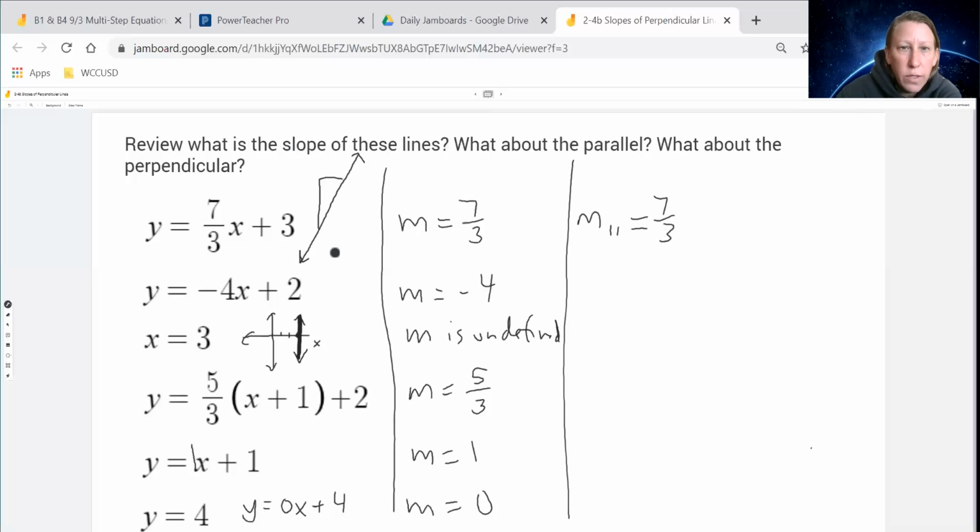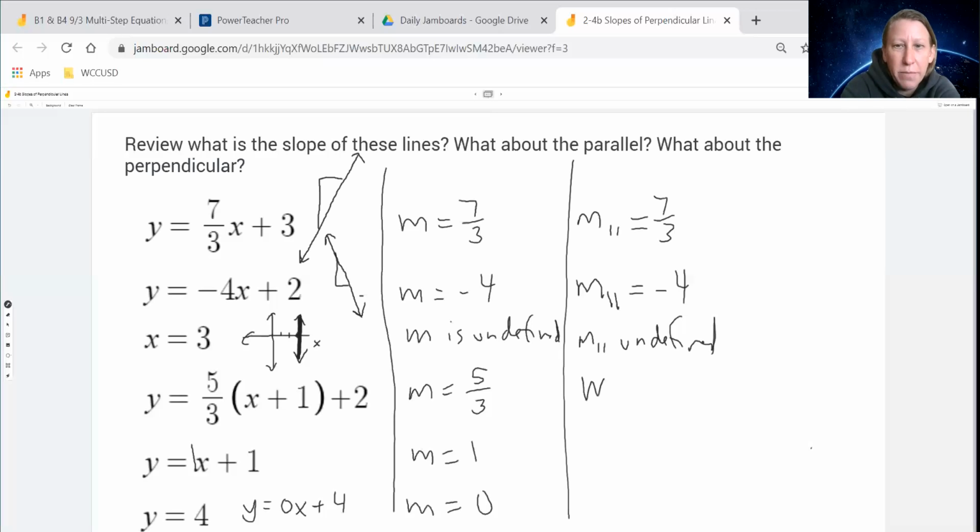This line is going down 4, right 1. So this line is pretty steep the other way. The steepness of this line is -4. That's a negative sign. What's the slope of a parallel? Parallel line is also going to be a steepness of -4. All right, what's a line parallel to this line? Also going to have a slope of undefined.